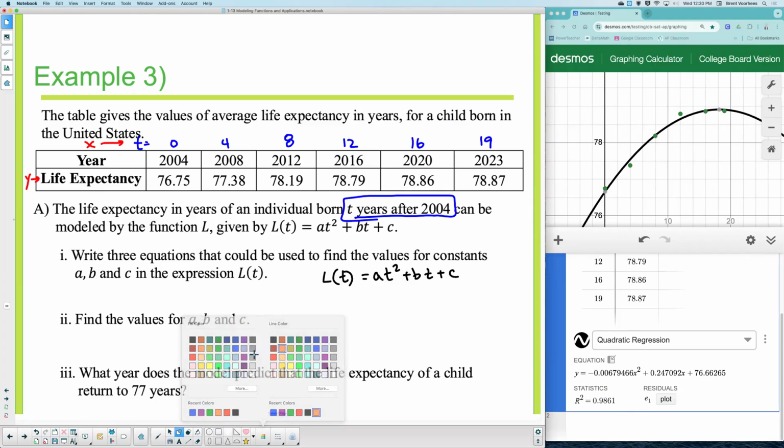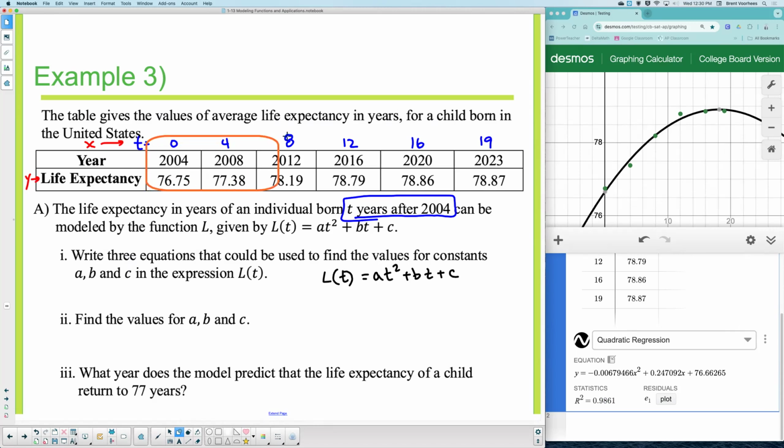These are the ones I'm going to use. So my first one, I'll plug in 0 years with the life expectancy is 76.75 when the year is 0. Now, don't waste your time simplifying this. Just plug in the value and leave it as it is. You don't have to waste your time simplifying it.